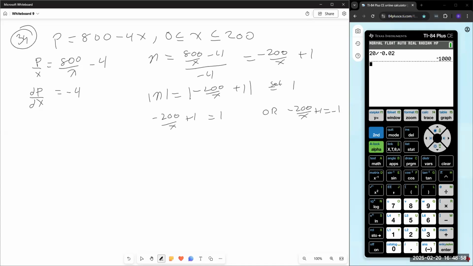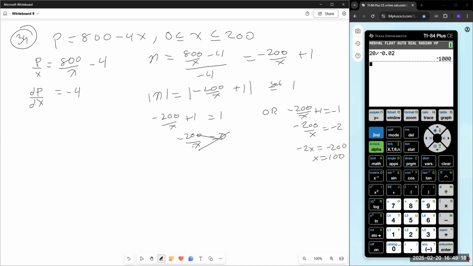And this doesn't make any sense, so we ignore that one. -200 over x equals -2, and we have -2x equals -200. x is equal to 100.